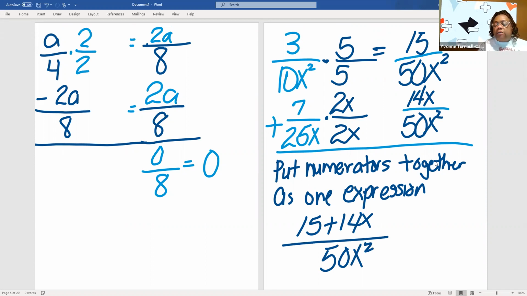Notice this is an expression. You cannot combine 15 and 14 because they're unlike terms. Unlike terms do not combine. Do not add.